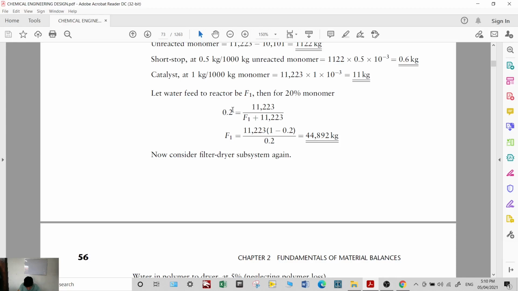So 0.2 is equal to, kaysa imong reactor, 20% composition. So 20% solute over the total solution. So 11,223 monomer divided by total solution, which is the water plus the monomer. Makuha nimo ang water will be 44,892 kilograms. Okay?